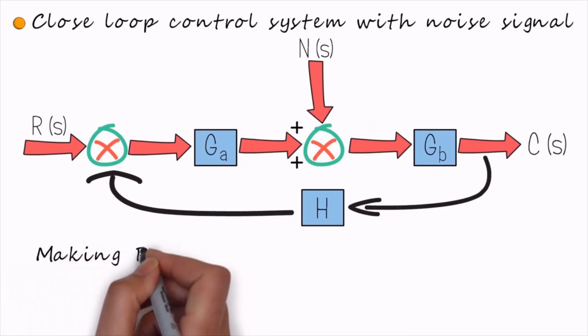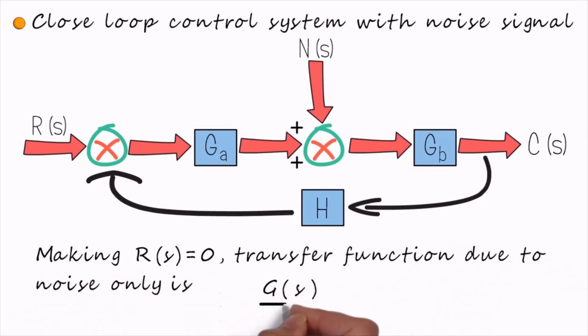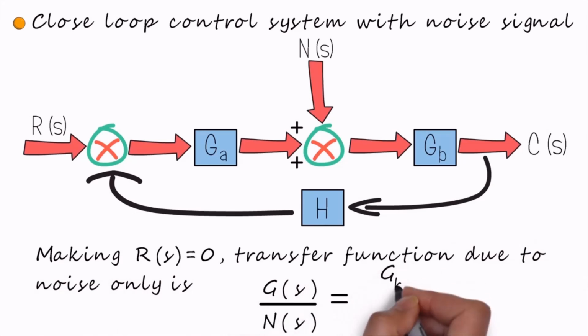Hence, the closed loop transfer function due to noise signal alone is GB/(1+GA GB H), and this is obtained by making the other input R(s) equal to 0.